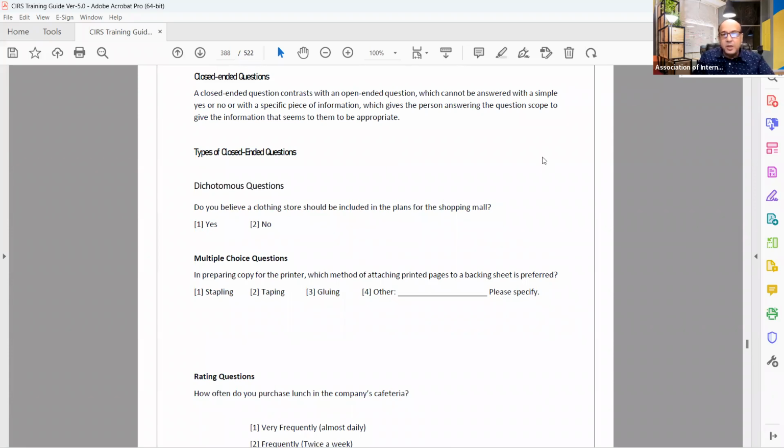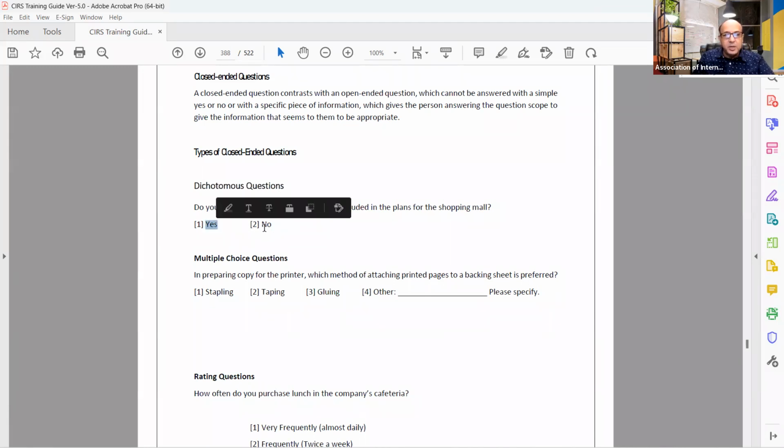So they're not open-ended. Therefore, they have a way of how you're going to design them or write them. Again, like I said, it is an art to create survey questions, and they have a reason for the way they are set. A dichotomous question, for instance, would mean that it has two choices only, either yes or no, good or bad.